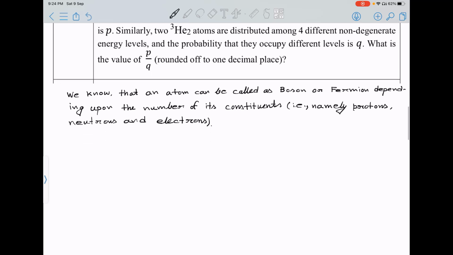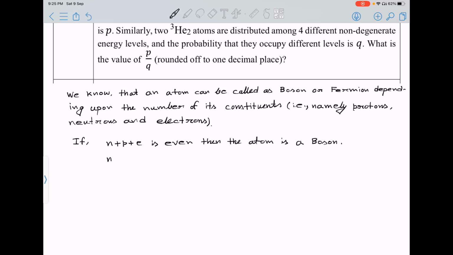So in short, I can say if N plus P plus E, where N is the number of neutrons, P is the number of protons, and E is the number of electrons, is even, then the atom is a boson.